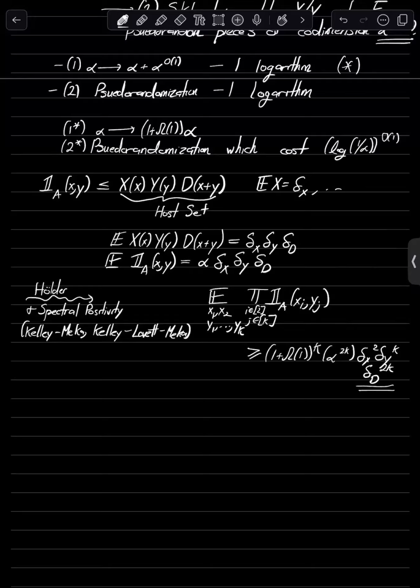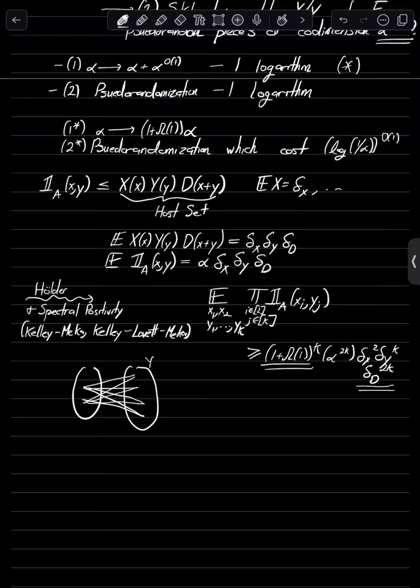And then there are 2k copies of A. So this is where you get the alpha to the 2k. And what we're saying here is that we have exponentially more copies, 1.001 to the k more copies. This is like counting copies of some complete bipartite graph.